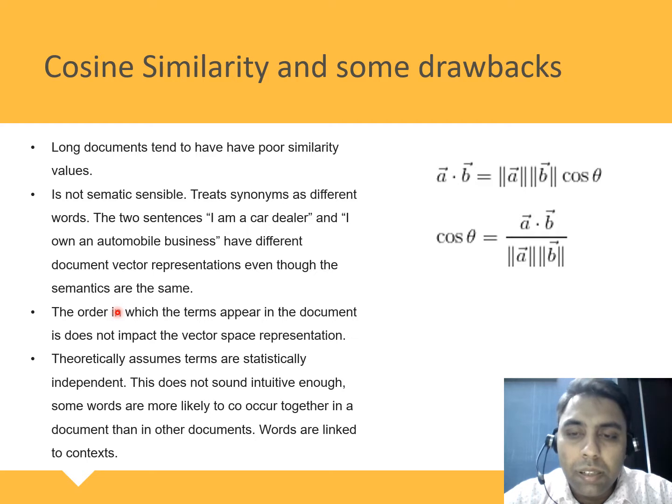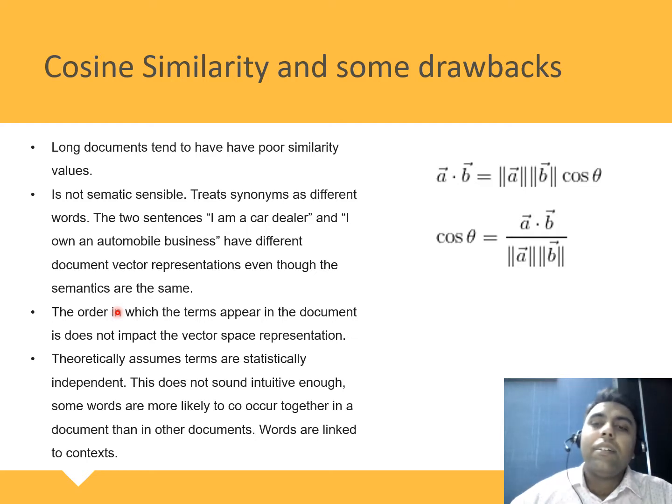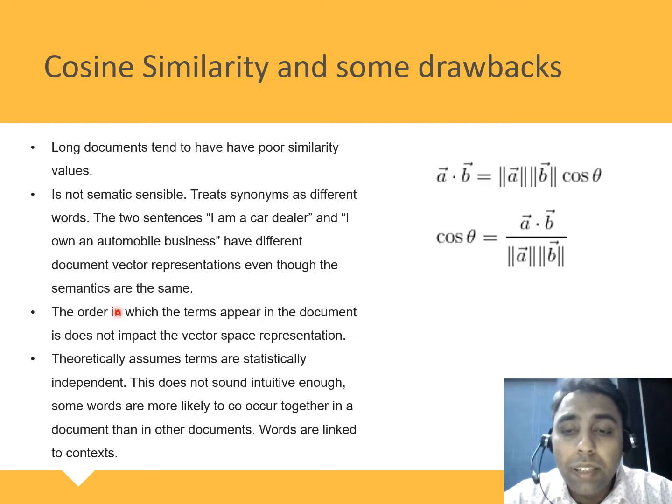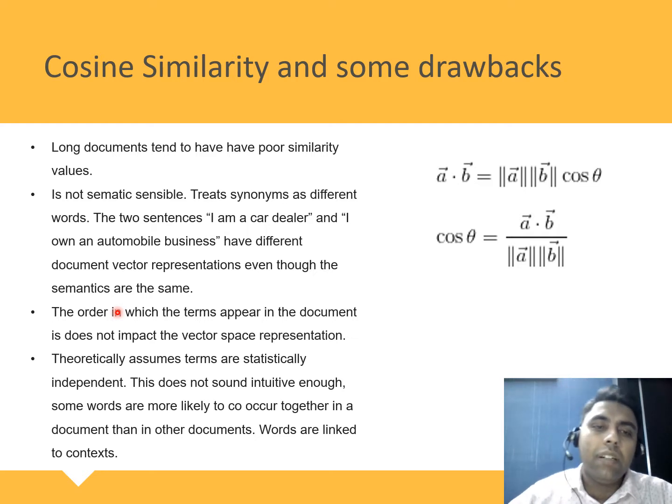But again, language is a very complex thing. You can change the order of words, and that can change the meaning of the sentence as well. So this can at times be a disadvantage of cosine similarity.